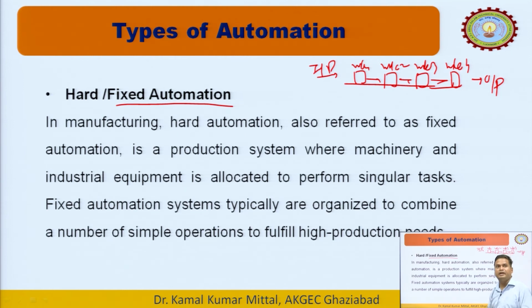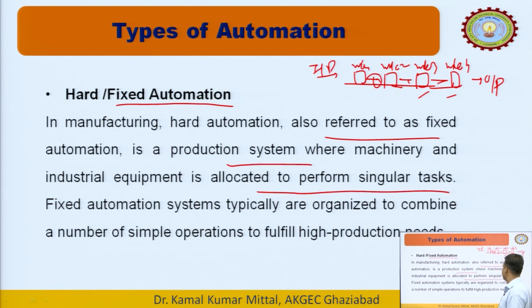The disadvantage of this type of automation is that if we have to produce a new type of product and some major changes are required at any stage, then we have to stop the whole line, shut down and convert the system as per the requirement. So in that case this type of automation is not successful, but it is used for mass production. So hard automation, also referred to as fixed automation production system, is where machinery and industrial equipment is allocated to perform singular tasks.